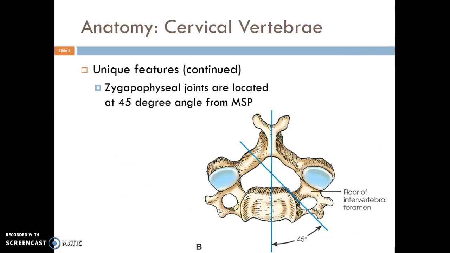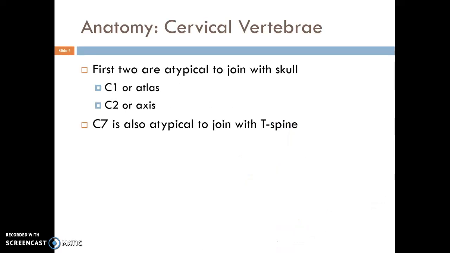The very unique feature with the cervical vertebrae is that you'll see the zygapophyseal joints are located at 45-degree angle from mid-sagittal plane. The first two cervical vertebrae are atypical in their shape.